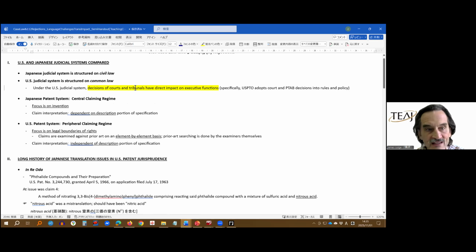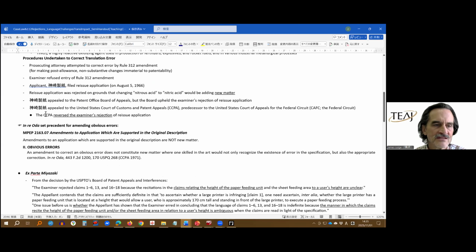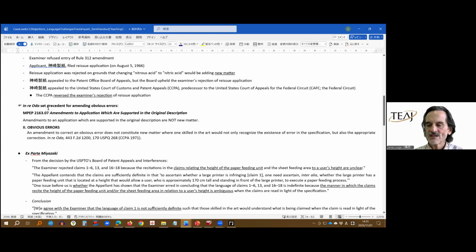And as I say here, the decisions of courts, now tribunals within the Patent Office, but courts are outside the Patent Office, can have an impact on the USPTO. So they adopt the court decision. So what happened was the CCPA reversed, and then the USPTO adopted the result into their examination policy.